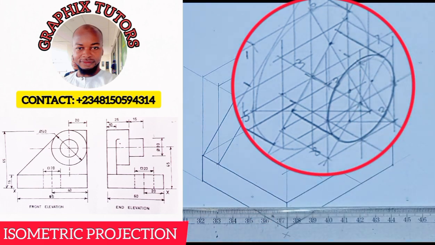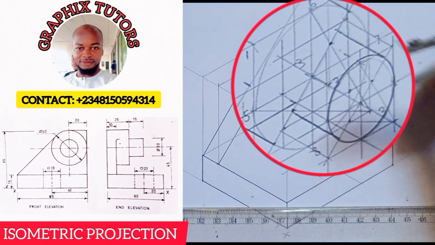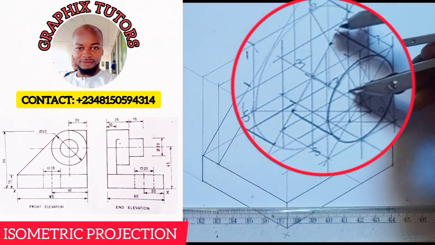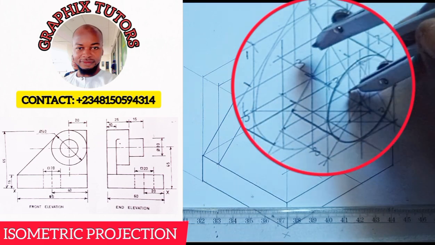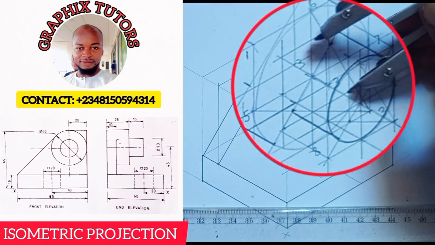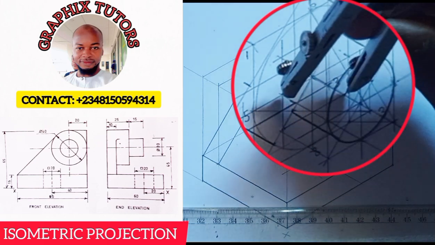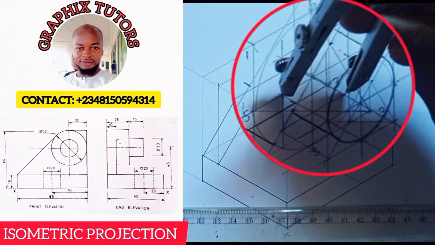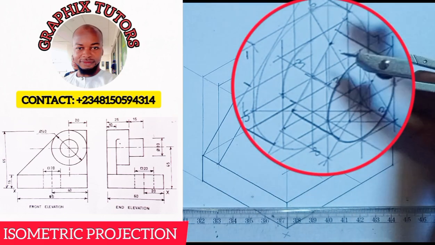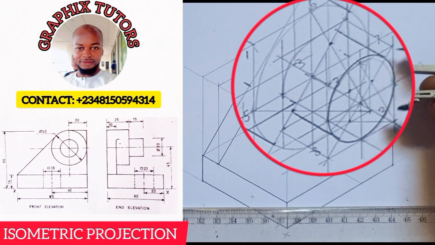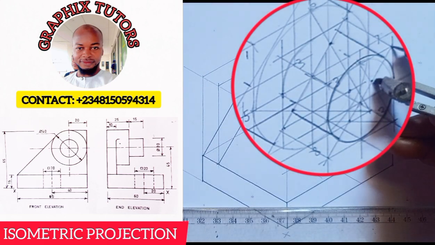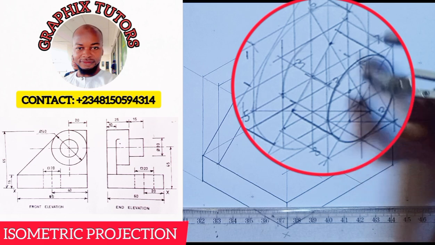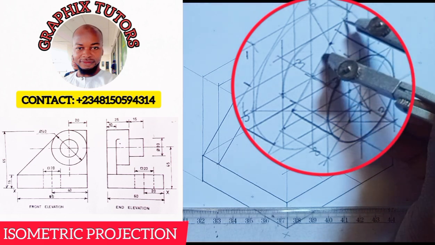That is where I will use to get my other arc from here to here. And place it from here to here.